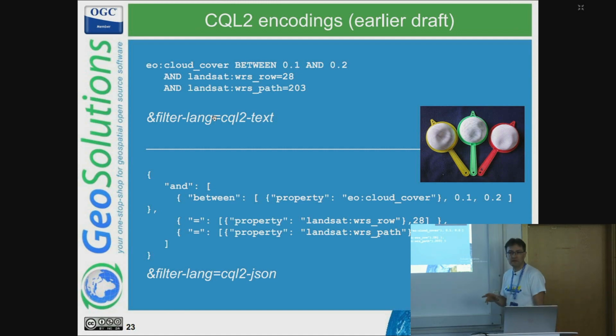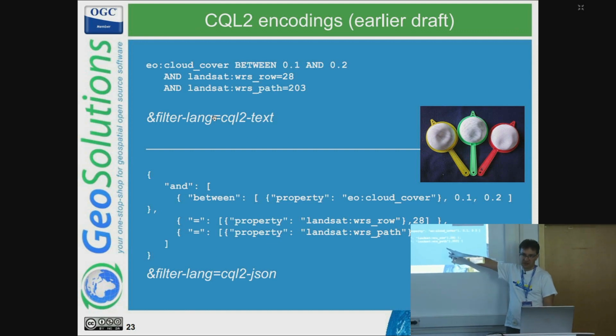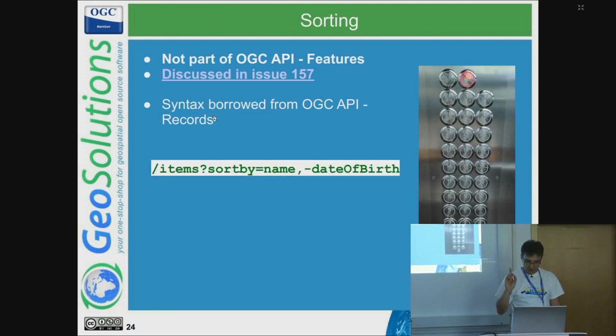Some parts are different. Some spatial and temporal operator names have changed, stuff like that, but more or less the basics are the same. And you have two flavors of it: CQL2 text, a human readable filter, or CQL2 JSON, an easily machine processable implementation of the same. GeoServer supports both.